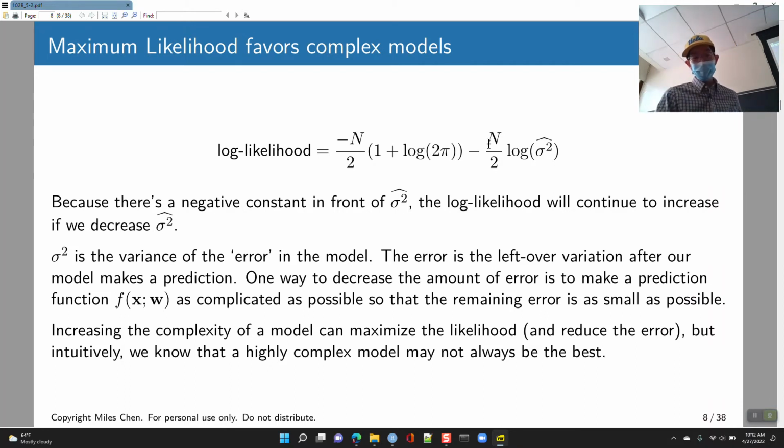And so what we notice is that there is a negative value here. That means if we decrease sigma squared hat, the estimate of the variance, then the log likelihood of our data increases. So what is sigma squared? Sigma squared is the variance of the error in the model. The error is the leftover variation after our model makes a prediction, right?